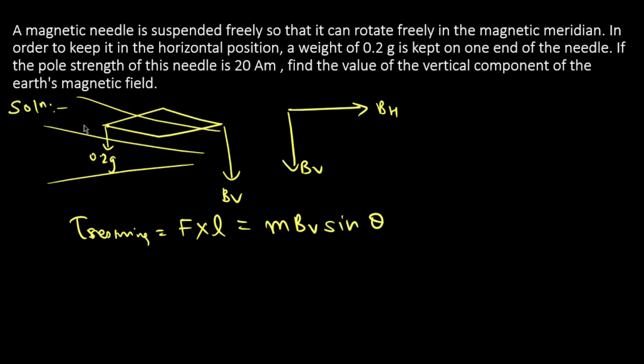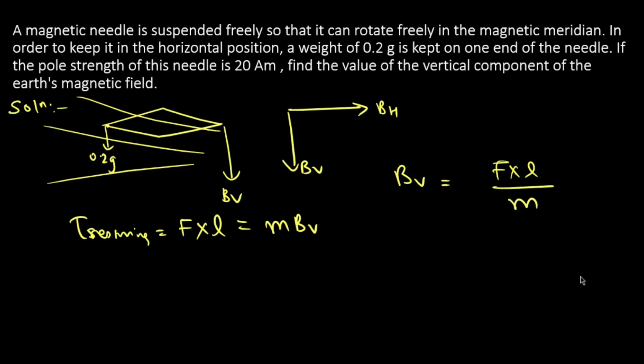Since theta is 90 degrees, sine theta will be 1, so I can just remove the sine theta. From this we can say that B_V, that is the vertical component of Earth's magnetic field, will be F into L upon M.